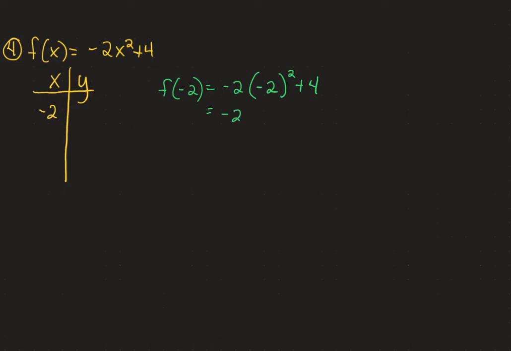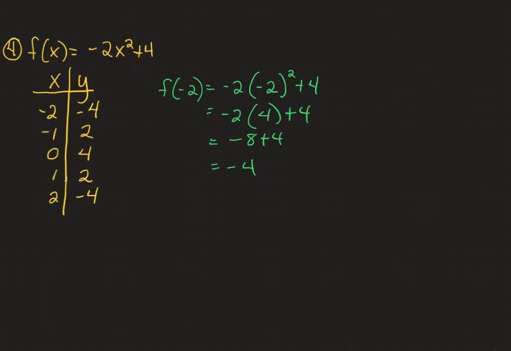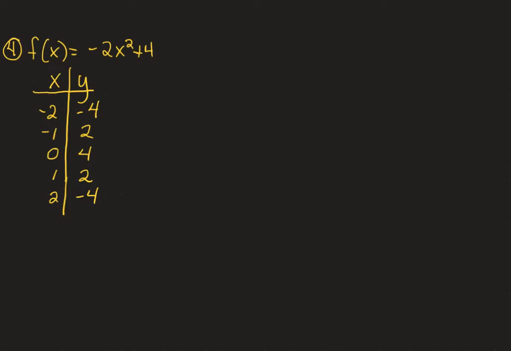And when I evaluate this, I get negative 2 squared is 4, negative 8 plus 4, or negative 4. So when we put the independent variable negative 2 into our function, it returns the dependent variable value of negative 4.